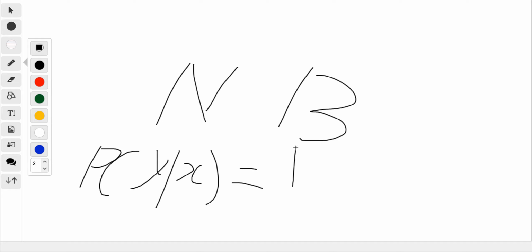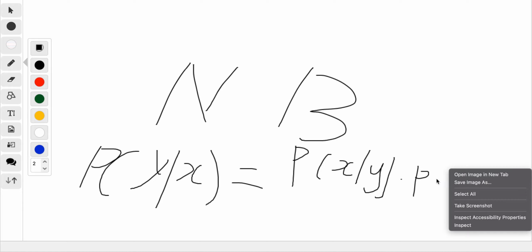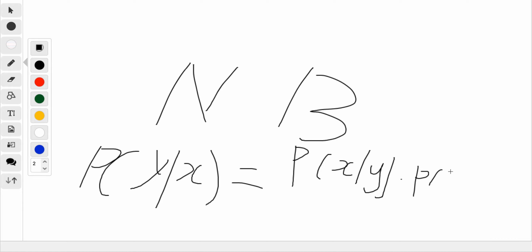And this would equal to the probability of x happen given y, multiply the probability of y, and divided by the probability of x.